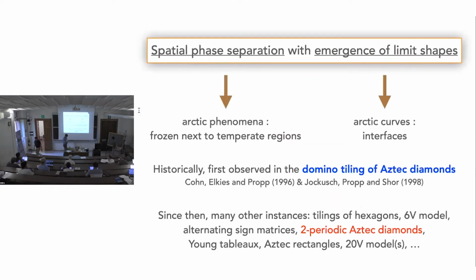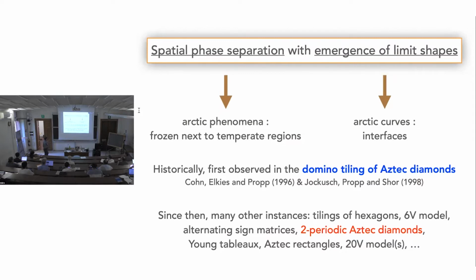So the talk will be all concerned with Arctic phenomena in general, and in particular the special phase separation phenomenon, by which a certain random model can have qualitatively different behaviors in different regions of the domain.